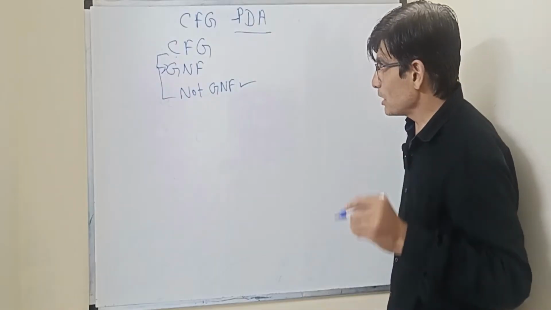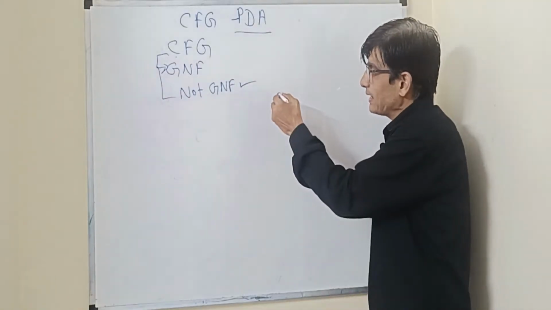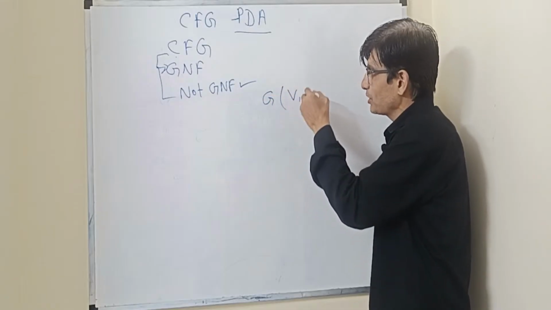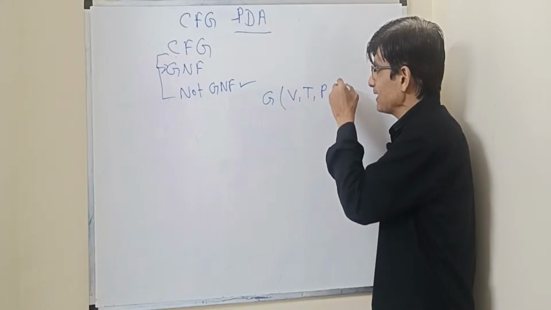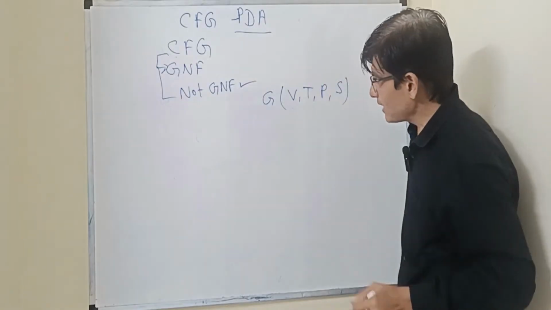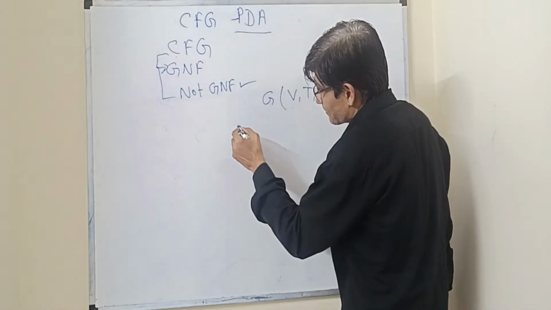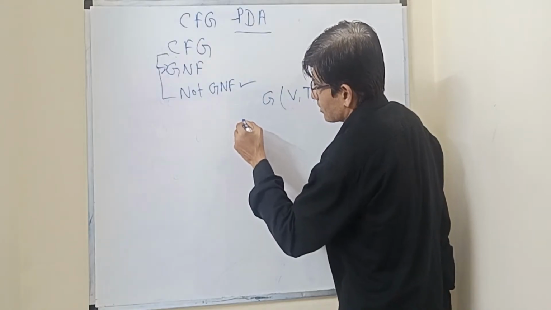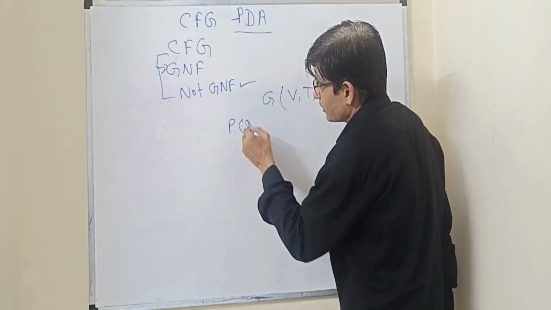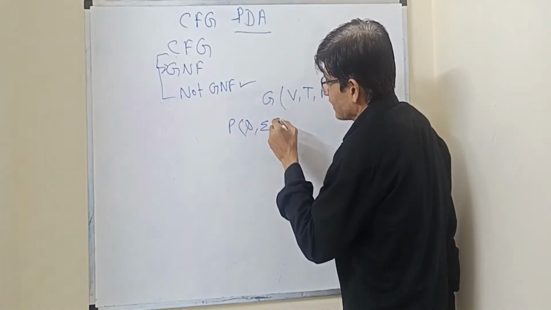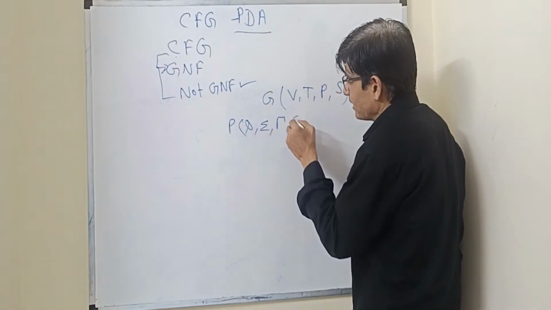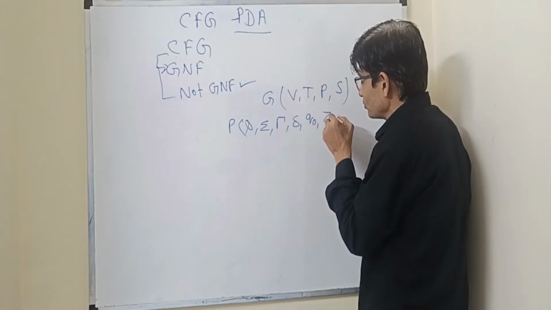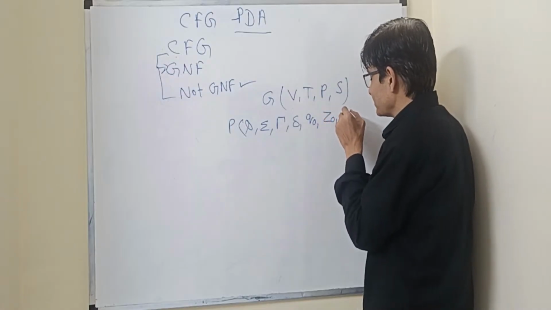So now you can see, friends, in case of grammar, we have four tuples: V, T, P, and S. And in case of PDA, we have seven tuples. PDA would be Q, sigma, gamma, delta, Q0, Z0, and the final state.